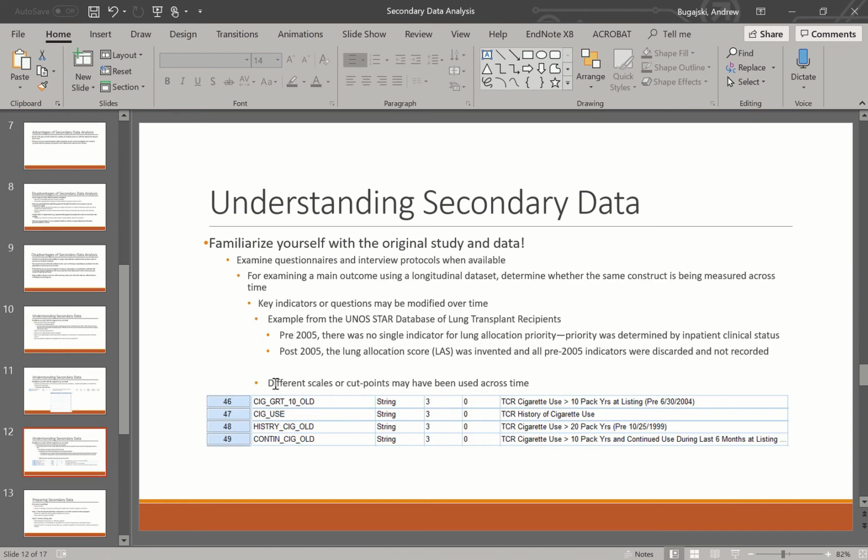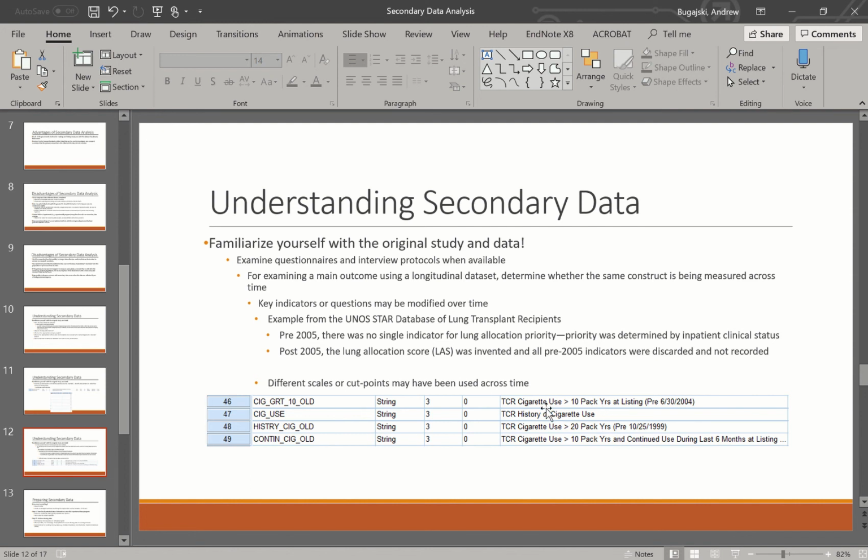Also, we briefly touched on how some of these indicators or questions might be modified over time. So look here, pre 1999, they cared if you had cigarette use. TCR means prior to transplant, aka waiting list. They only really cared if you had 20 pack years. Then, at some time, they wanted to know if you've been using during the last 6 months for greater than 10 years of smoking history.